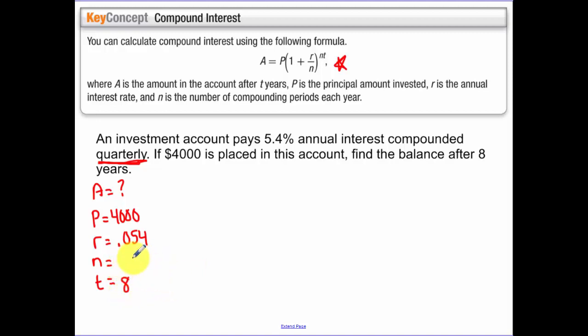n is the number of times a year it compounds. Compounding quarterly, there are 4 quarters in a year, so it compounds 4 times a year.